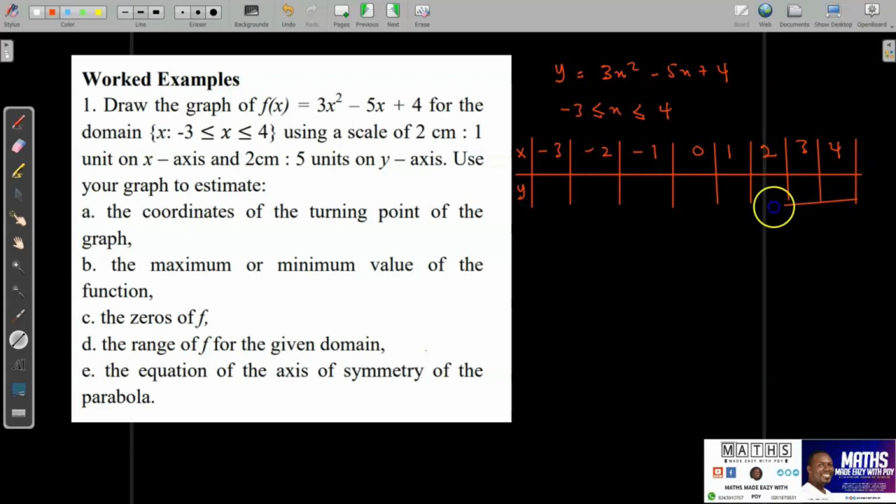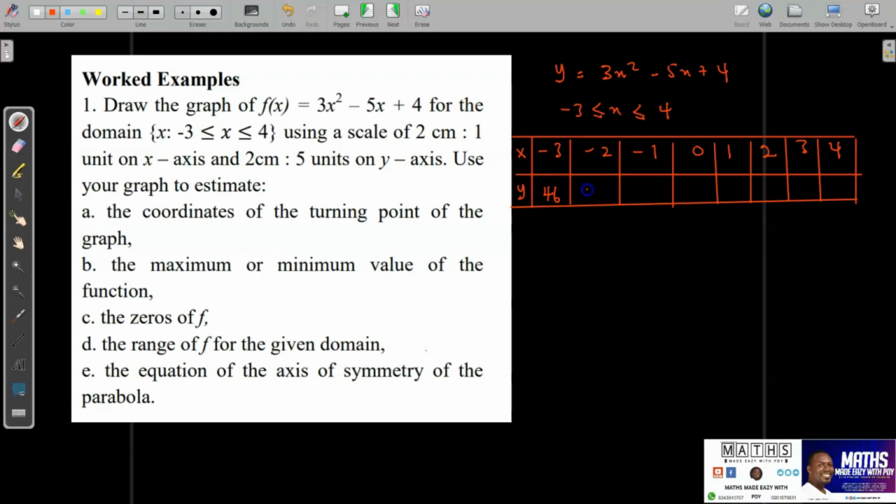Yes, I'm done. Okay, so if you are done, I'm so happy for that. Kindly share your values with me. When it is -3, what is the y value? 46. Pardon? 46. Yes, please, sir. Okay. So we have 46 here, followed by 26.